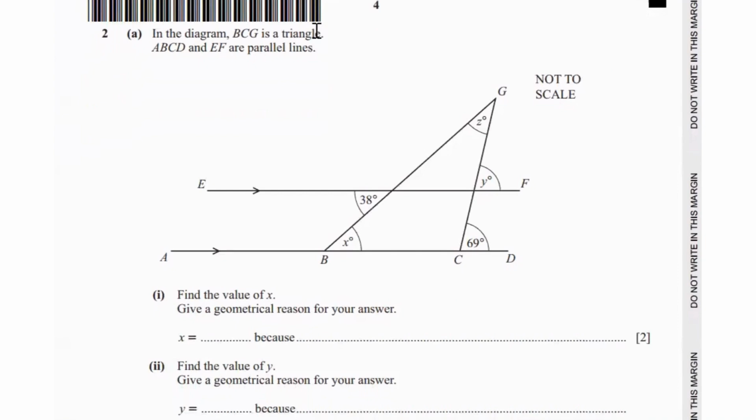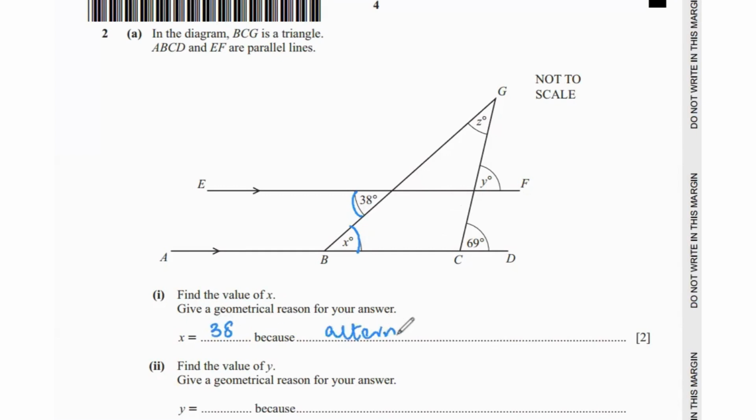Question 2 says in the diagram, BCG is a triangle. ABCD and EF are parallel lines. Find the value of x, give a geometrical reason for your answer. So this is x. Since these two are parallel lines, 38 and x are equal. Why?